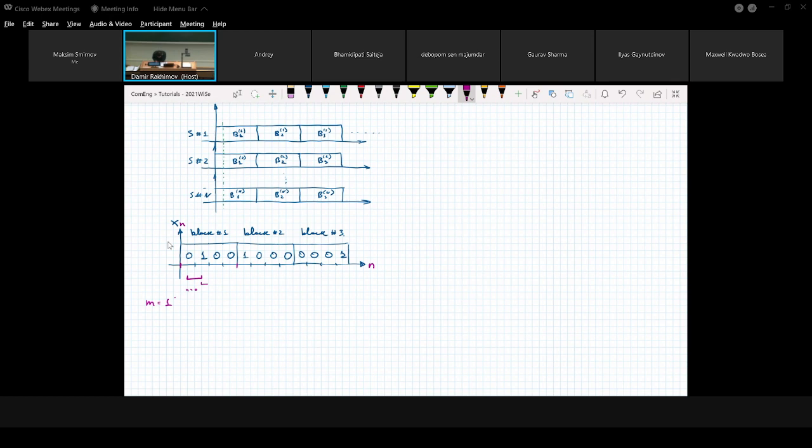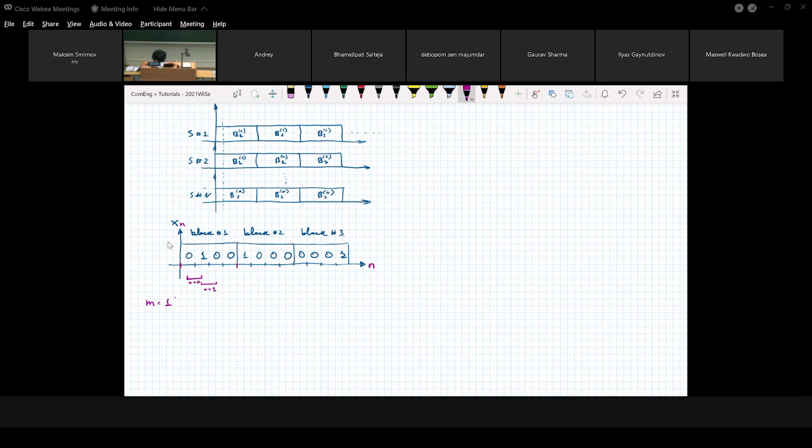between the second sample and the third sample. Still within the same symbol, it will also be 0, and we say this case is for n equals to 1.